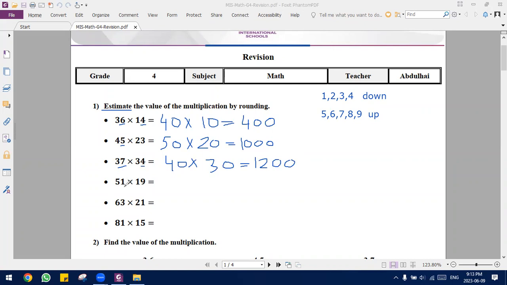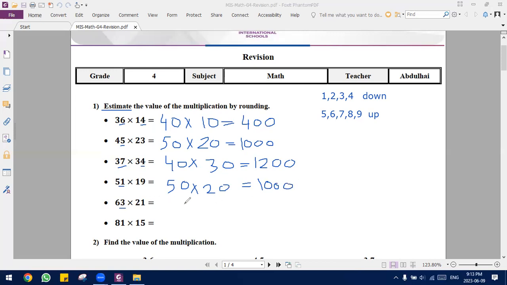For the next one, 51, this will be 50. And 19 will be 20. This is similar to 45 times 23. We have 50 times 20. 5 times 2 is 10. And then I add these two zeros, will be 1000.